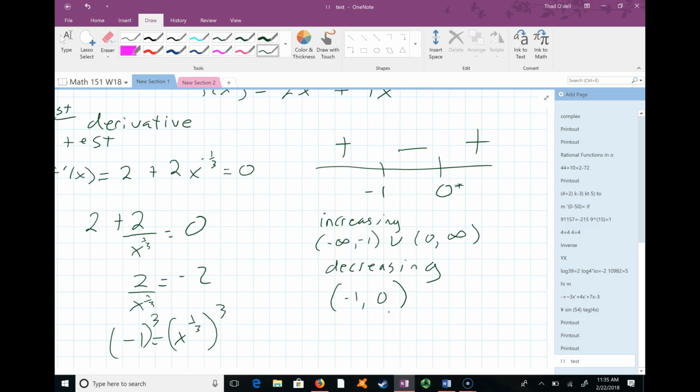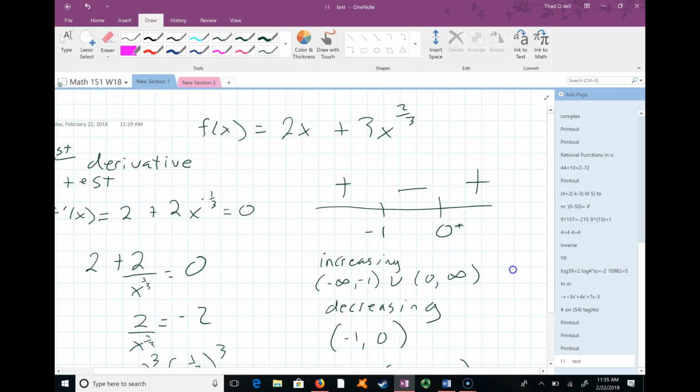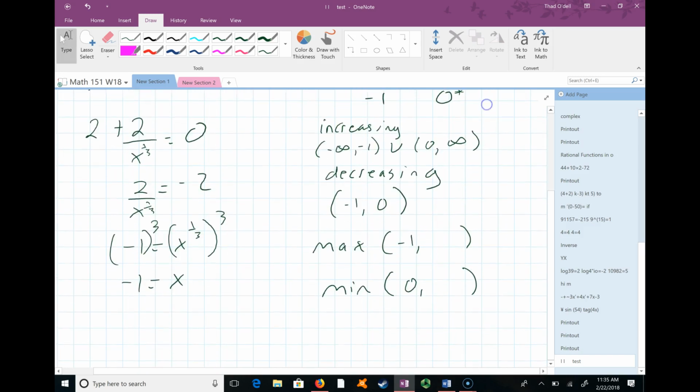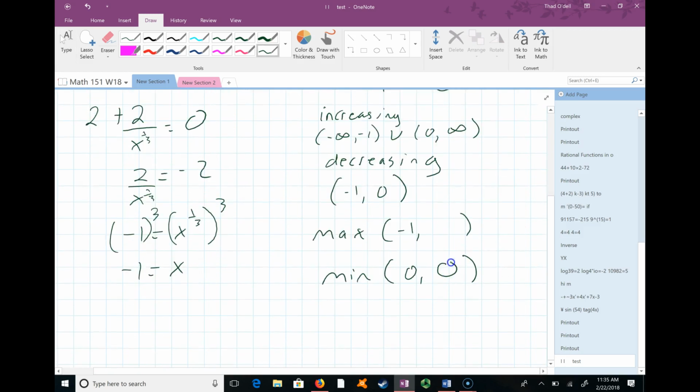Which means that, because it was going up and then started going down, we have a maximum at -1, something, and because it was going down and went back up, we have a minimum at 0, something. So for the somethings, we go back over and plug into the original function. 0 is the easy one because you just get 0, right?